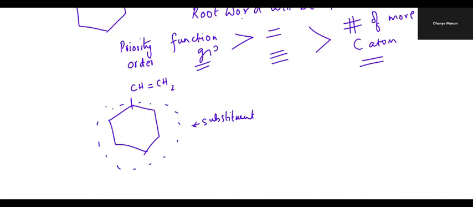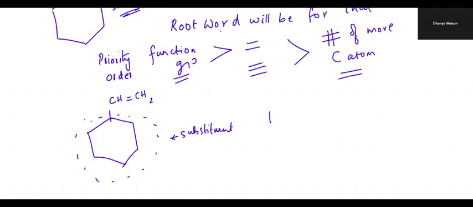So what is the name of this one? This is our substituent, and this substituent name is cyclohexane, right?